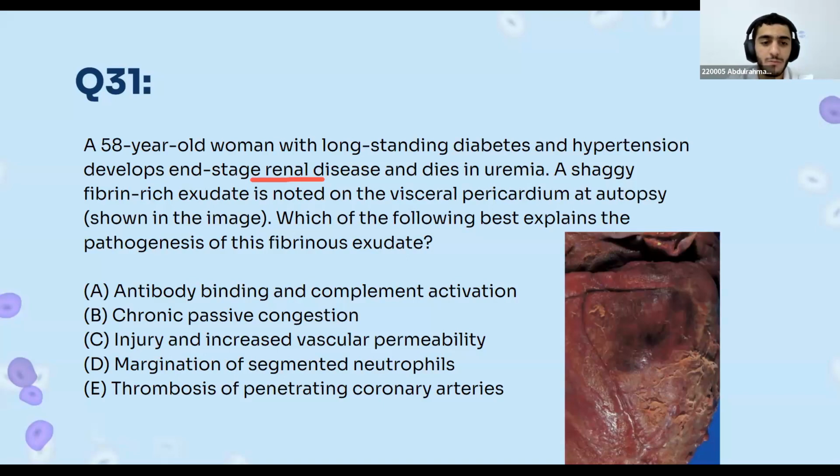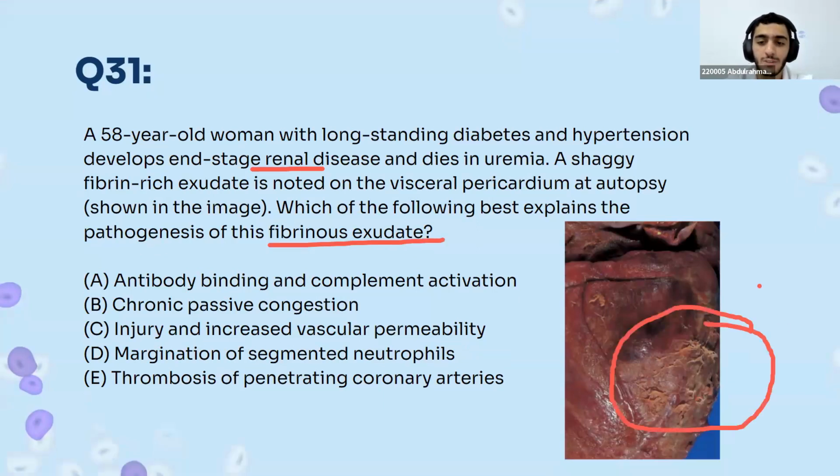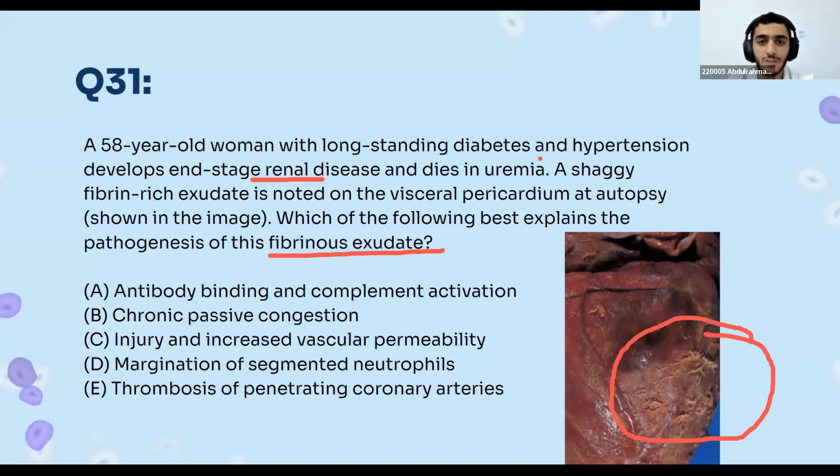So fibrinous exudate that can be seen, and right, this is the fibrinous exudate. So 2 C's, 3 C's, and 1 D. Also, any more answers? Does anyone try to answer?